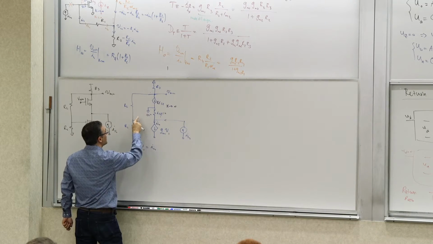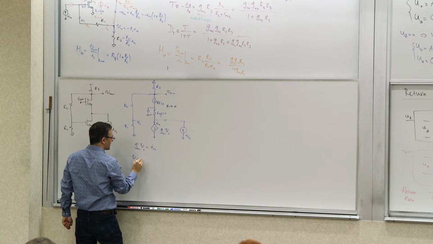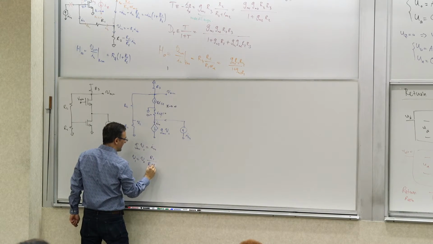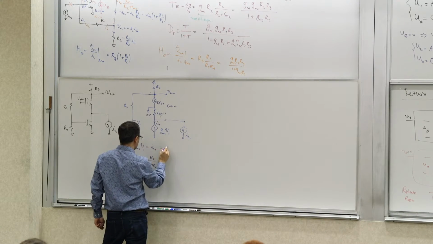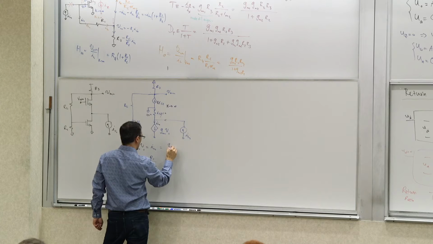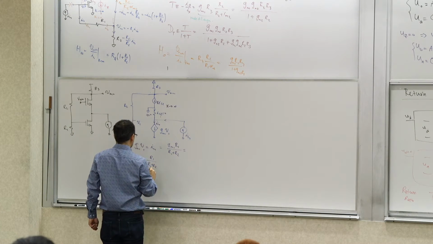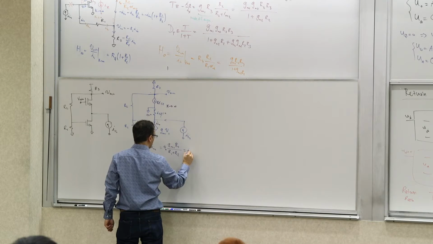But we know what V1 is in terms of V out. It's a resistive divider, so V1 itself is V out times R1 over R1 plus R2. We did this before, so I'm going to do it very quickly. Plugging this in, gm1 R1 divided by R1 plus R2 times V out is I in.